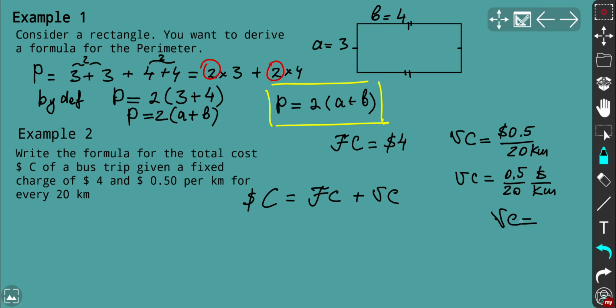Let's check it up. Just basically divide, and we've got 0.025, and here we go, dollars per kilometer. Means per every single kilometer we need to pay simply $0.025.